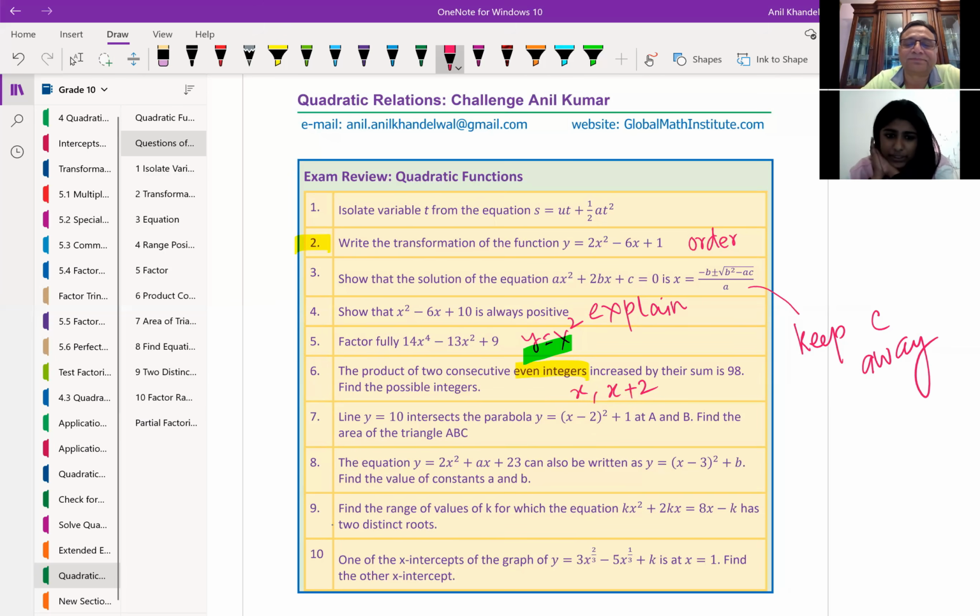Yes. Question 7, line intersects the parabola. Oh yeah, so these triangle questions. When you create your triangle, always make a rough, quick sketch. Most of the points are in the question, so you've got your turning points, you can easily find the intercepts and things.